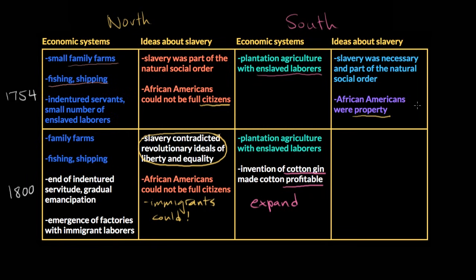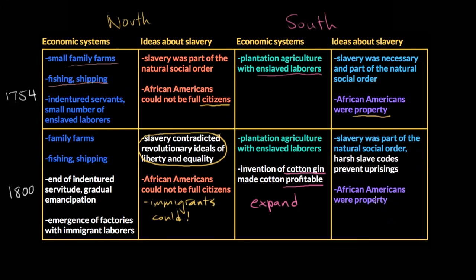But the ideas of the Revolution didn't have quite the same effect on the South as they did in the North. If anything, by 1800, white Southerners were determined to enact harsher slave codes than ever because they feared uprisings, since the ideals of the American Revolution had inspired the Haitians to overthrow the French.